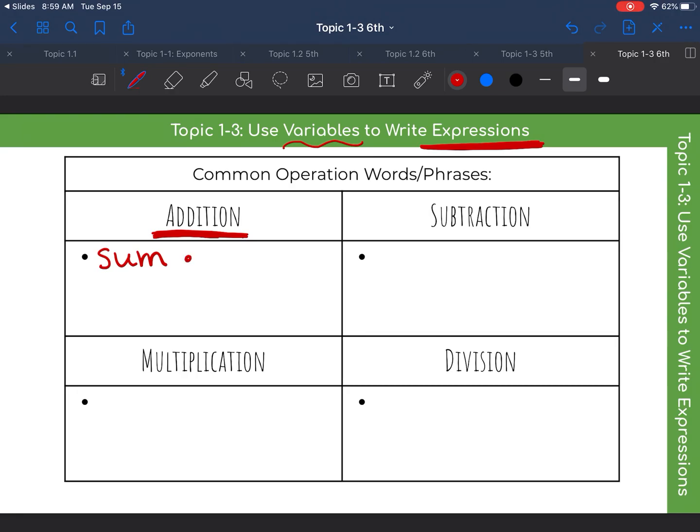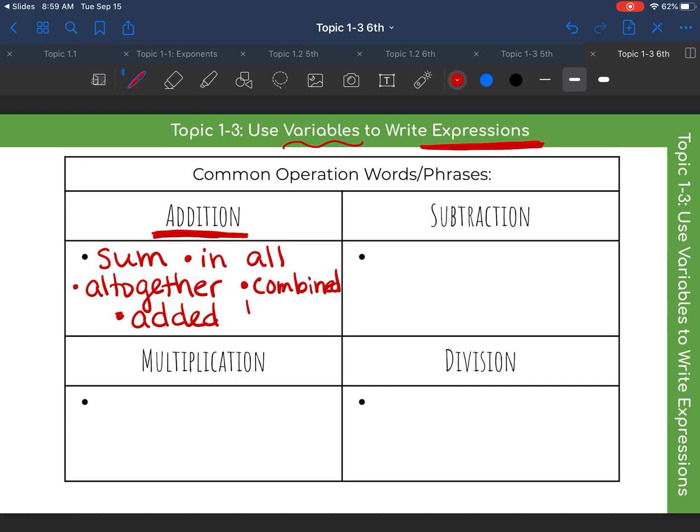Another one you can think of is in all, all together. If we hear these words, it tells us we are going to add. Combined, and even added to. So those are all phrases that we hear. When we hear those phrases, it tells us we are going to add.